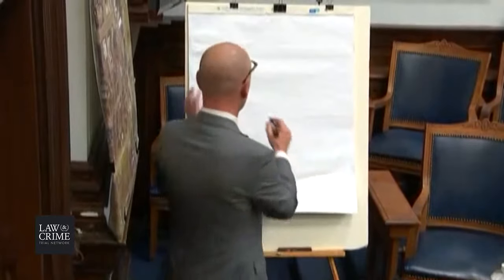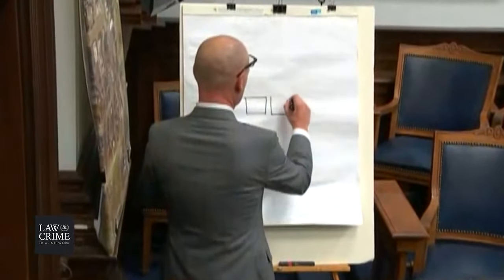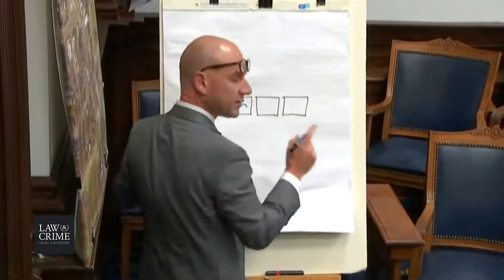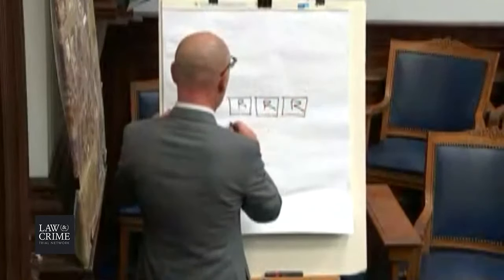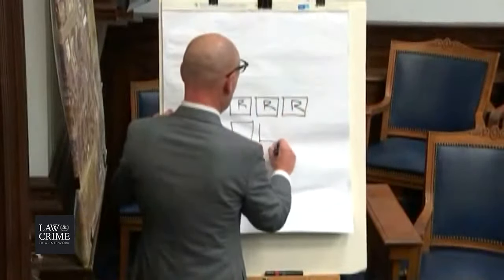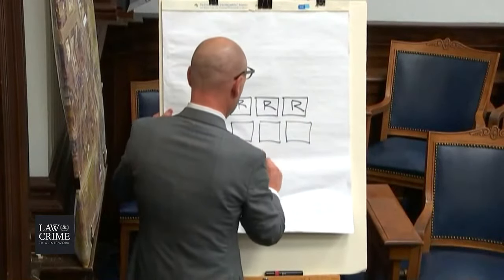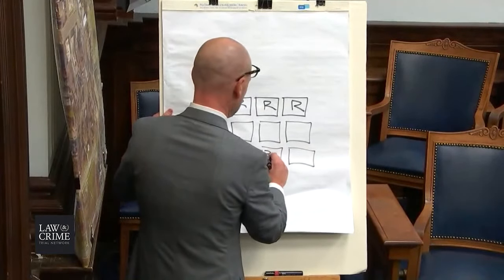I know this will be rudimentary, but forgive me. So if these are pixels, R is going to stand for red, okay? And these are red. And these are pixels, and these are blue.